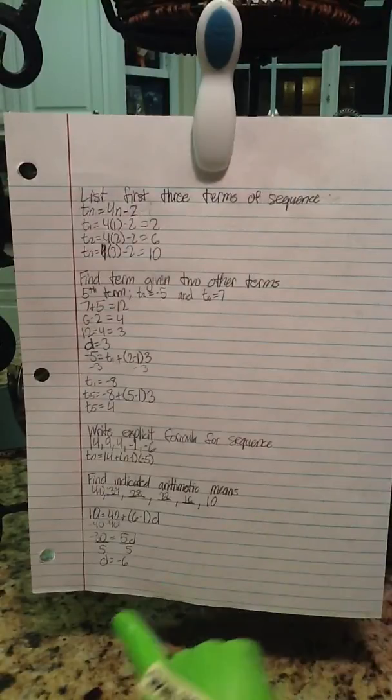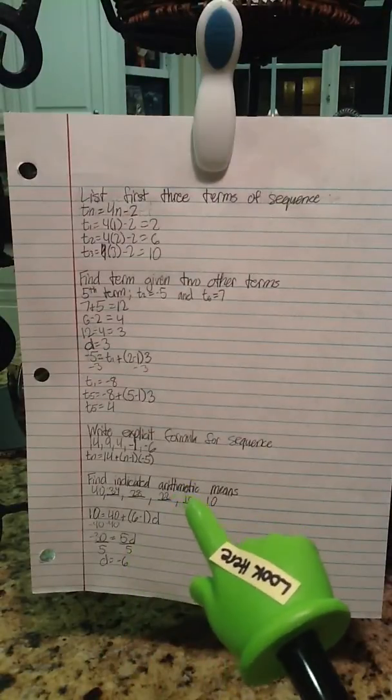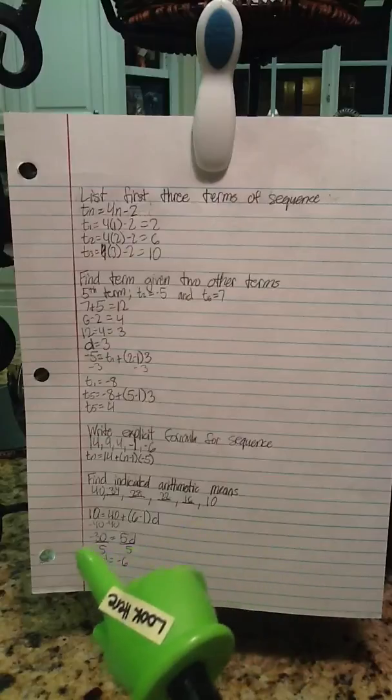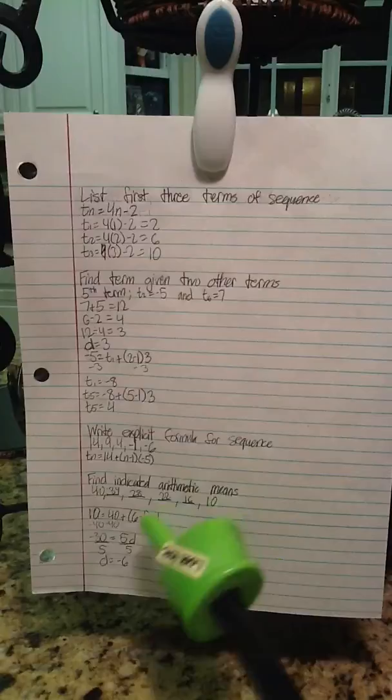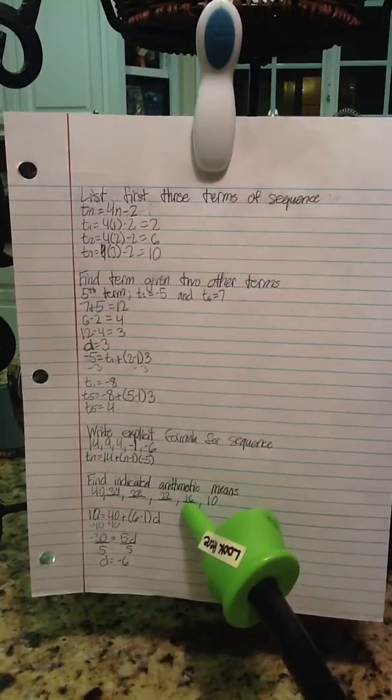Last one is to find the indicated arithmetic means. We are given 40 and 10, and there are 4 spots in between them.